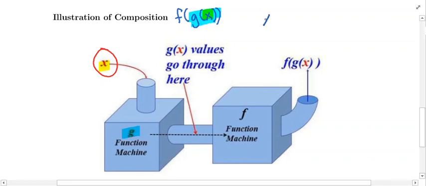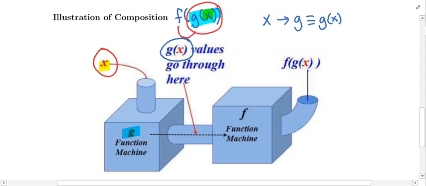So here's x, it goes into the machine, into g. g is going to do something to that input and produce an output. The output is going to be g of x.